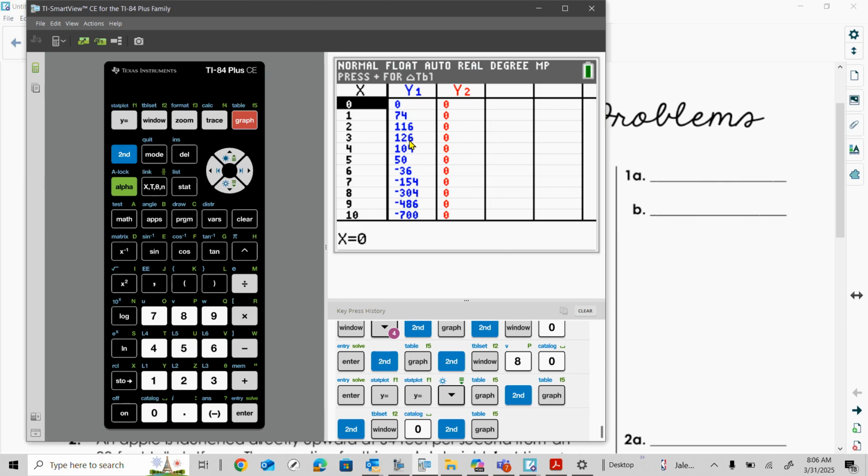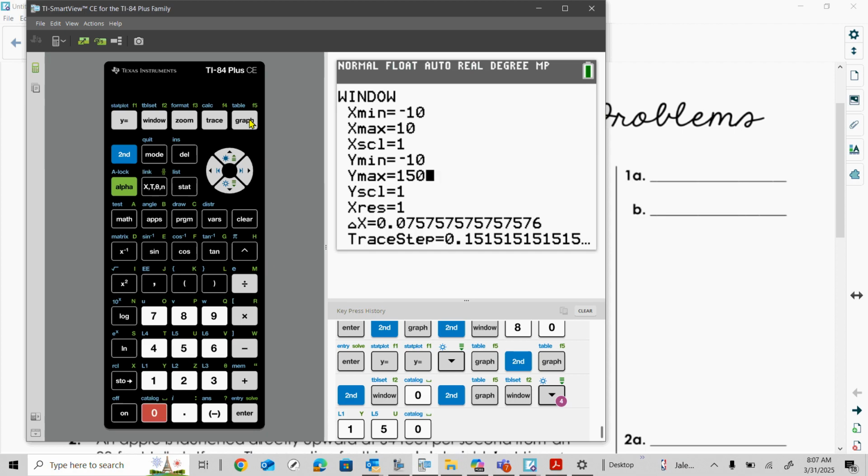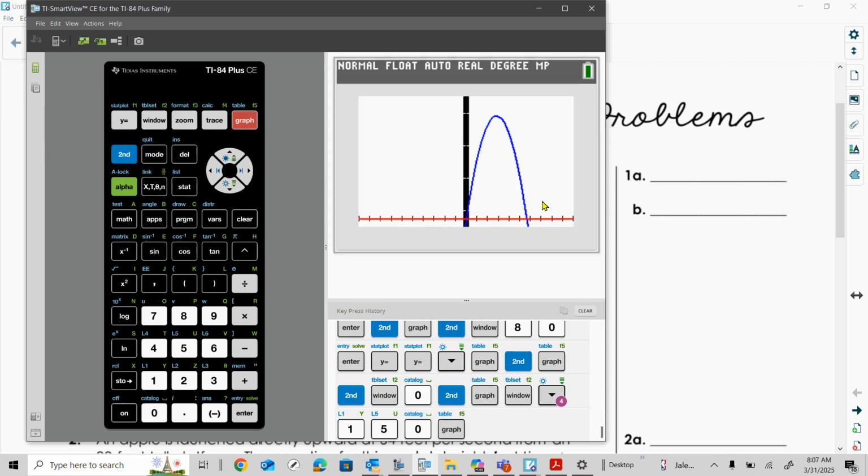The biggest it gets is around 126. So that tells me my y value in my window needs to be a little bit larger than that. So if you go to your window and come down to your y max, I'm going to make it 150. Okay, and now I'm going to hit graph. Now I can see the flight of the ball. And now I can start answering some questions.